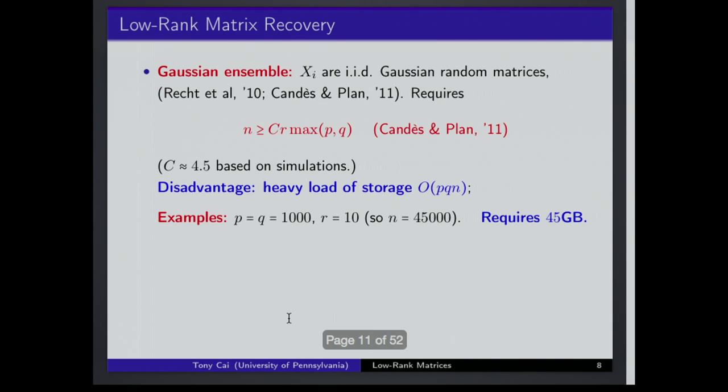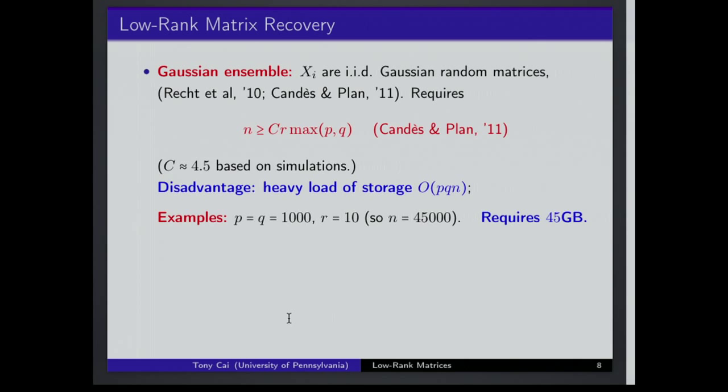And in the matrix case, it has also been studied. For example, in the work by Recht and Candes and Plan, they use Gaussian ensemble. So each measurement X is an IID Gaussian matrix.